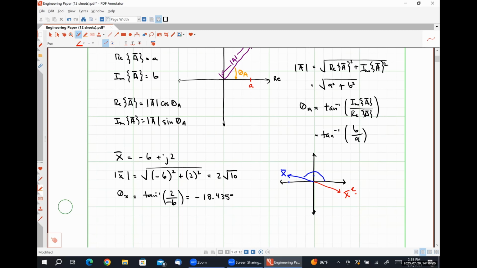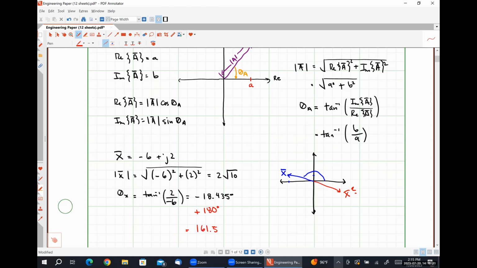It will never give you a result with an angle that would be in quadrant 2 or quadrant 3. So to fix this, we could simply add 180 degrees to force our result to be in the correct quadrant, which would look like 161.565 degrees, which makes a whole heck of a lot more sense based on our rectangular plot.